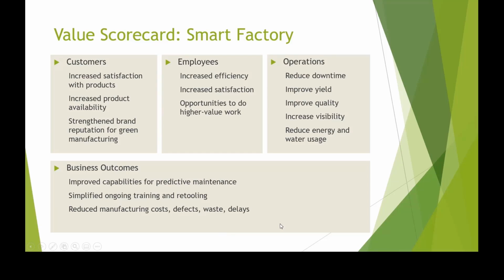In this case, it's a smart factory, which may be greener and save energy, an operational advantage. Employees might be more satisfied because they are able to participate in a more meaningful way at work. And the value of a transformation may be simplifying training or reducing costs, improving capabilities for the factory.